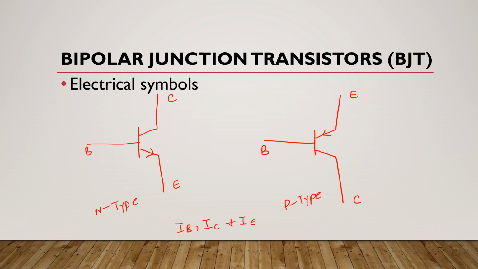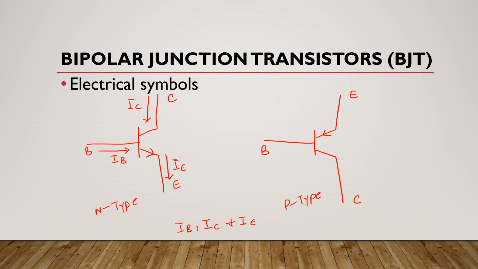Now in both of these types, the currents from these three terminals are IB, IC, and IE. Now if you look at this N-type BJT, the current IC flows in this direction, the current IB flows like this, and the direction of current IE is like this.